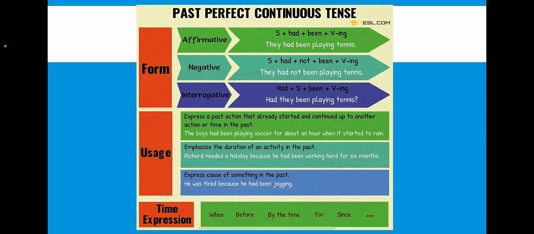Okay, وين بنستعملهن? We express an action that already started and continued up until another action or time in the past. So, هنا في example, the boy had been playing soccer for about an hour when it started to rain.